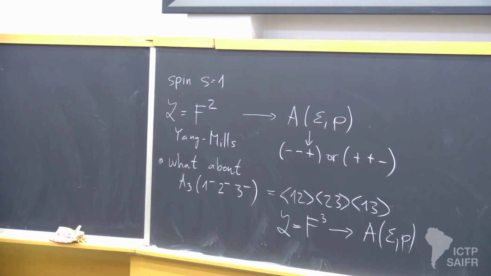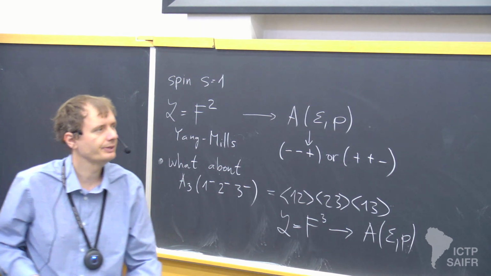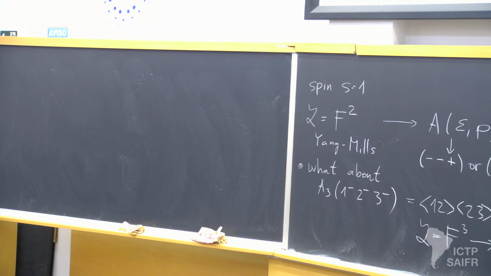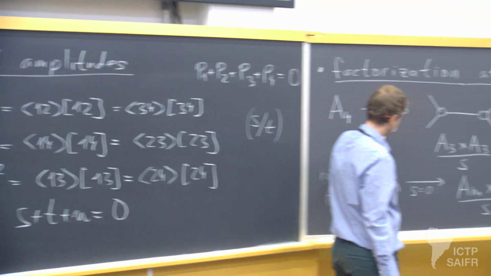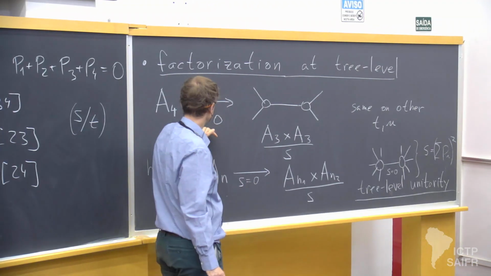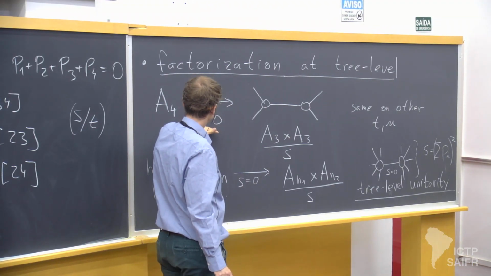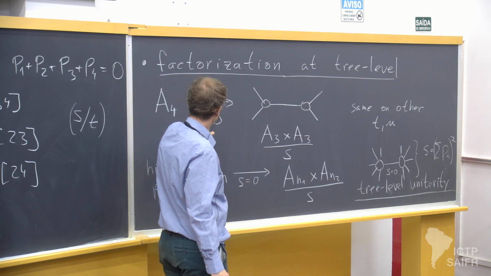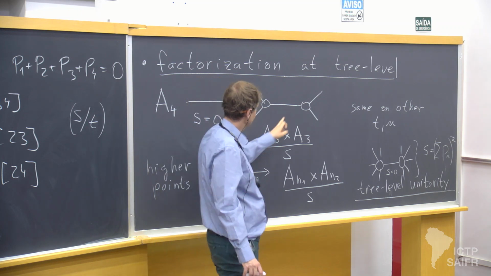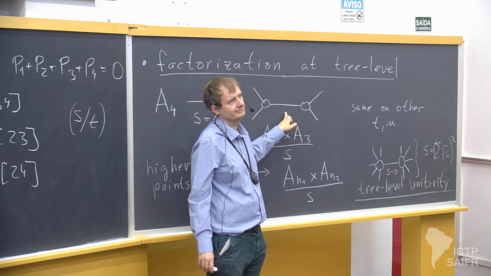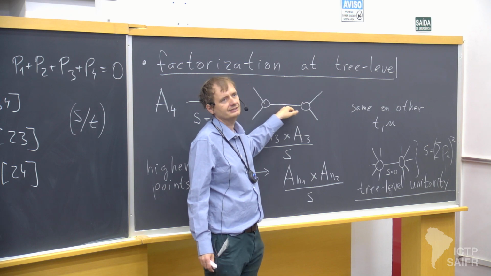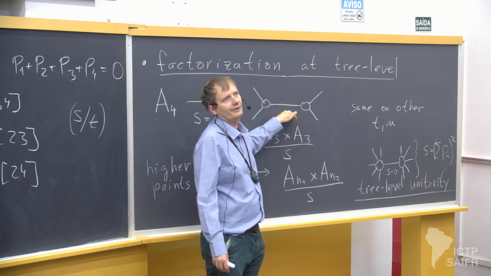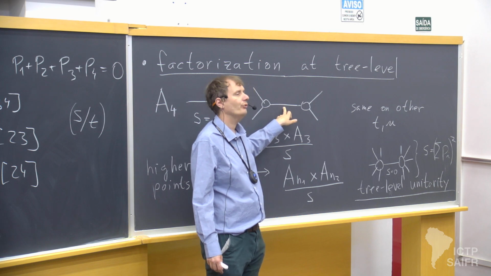Any questions? Yeah. This is also true for massive, yeah. I just wanted to say it now, but let me already mention here, the fact that S is 0 means that this line is on shell. Normally, in Feynman diagrams, the internal lines are these virtual particles, as it's standardly referred to, and these are off shell.